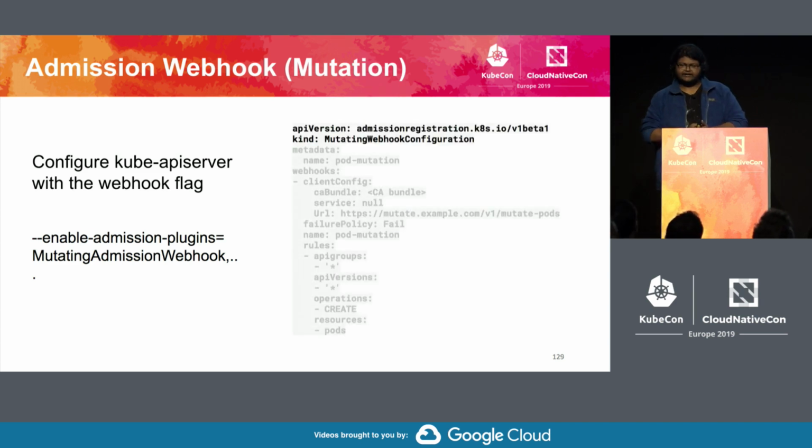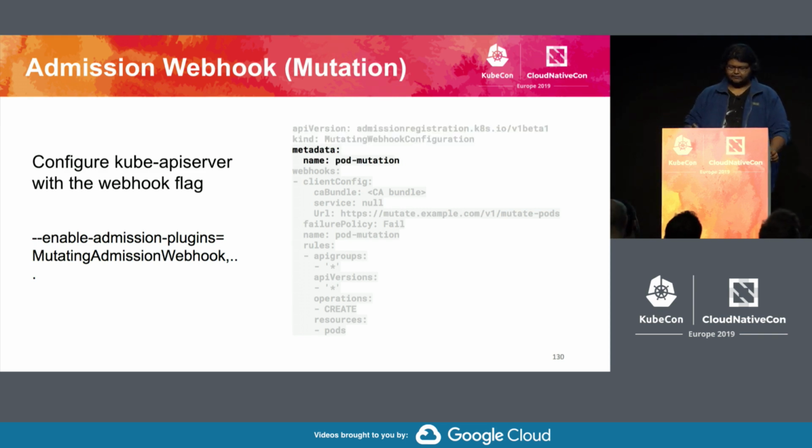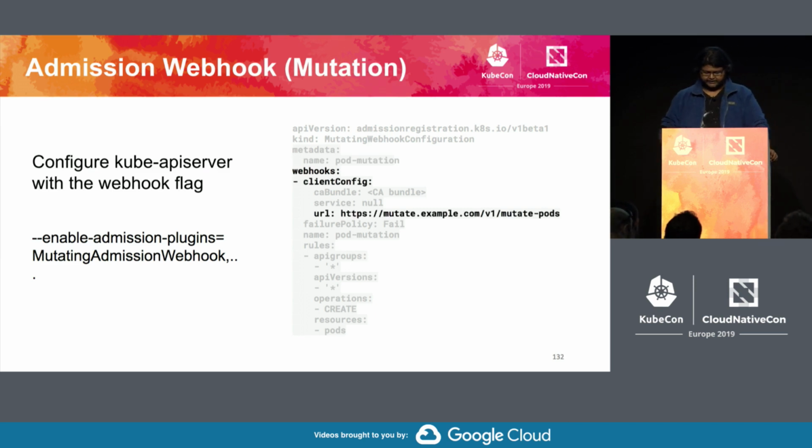And then you have to create a MutatingWebhookConfiguration type of object, which will define the objects on which this mutation webhook will be applied. Okay? So here I'm passing metadata, pod-mutation, and then I define the webhooks configuration, where we'll pass the clientConfig URL, and that will contain the URL to the mutation webhook, where your mutation webhook is actually running and serving requests.